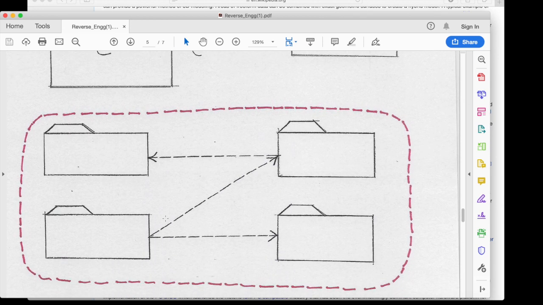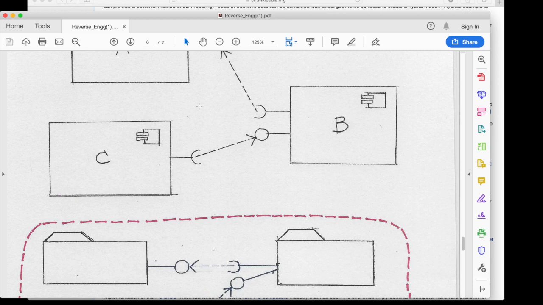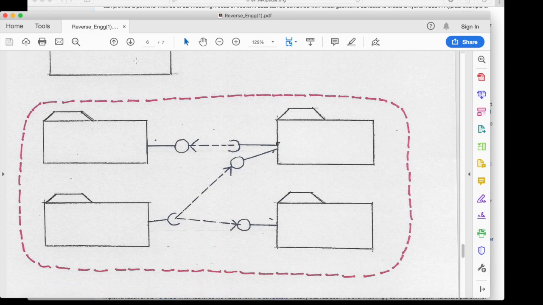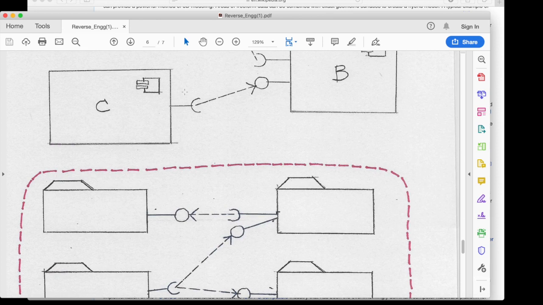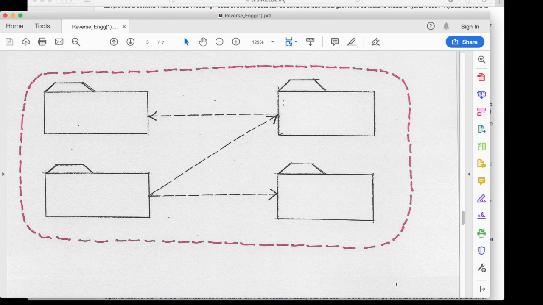Now the four that you see over here, let's convert these directional lines into ball and socket. And you see over here that we have converted them into ball and socket. So between this package and this package, the left package provides service to the right package.